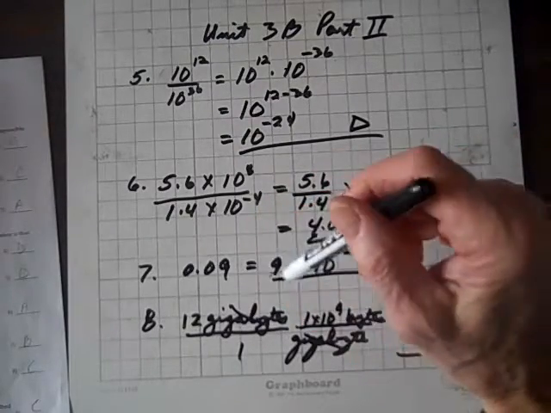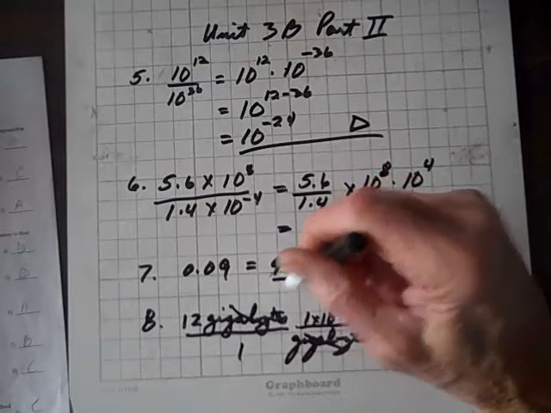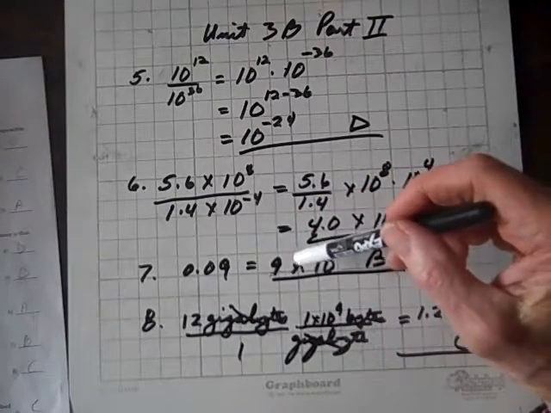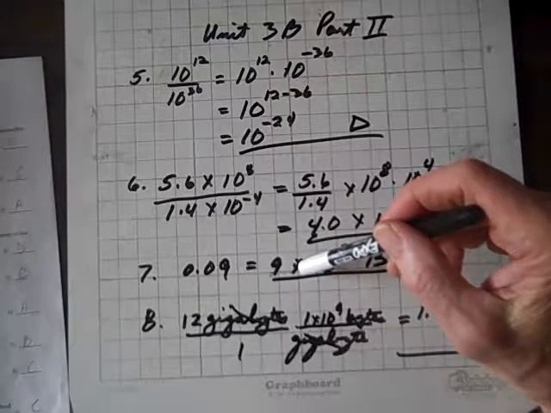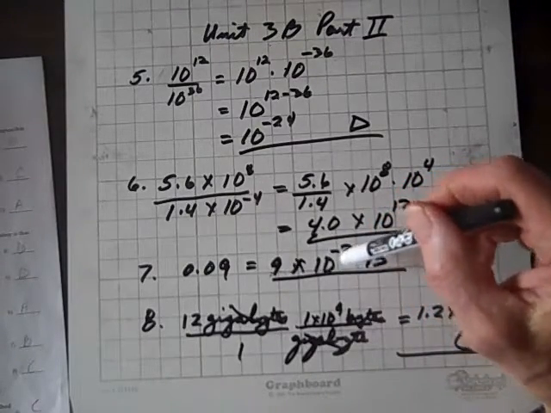For 7, we had to write this in scientific notation, so there's always 1 digit to the left of the decimal. So we get 9 times 10 to the negative 2.